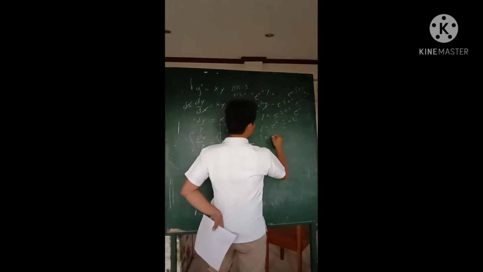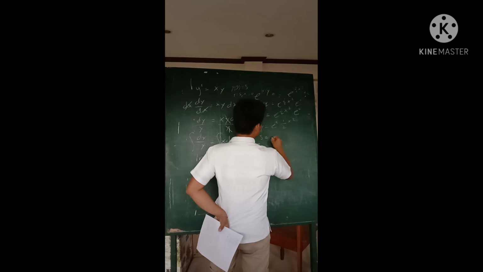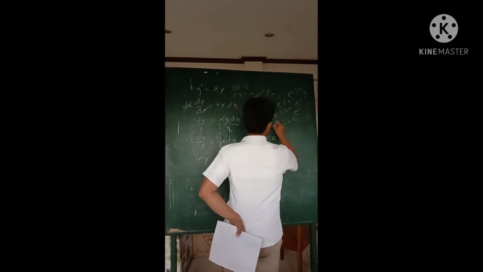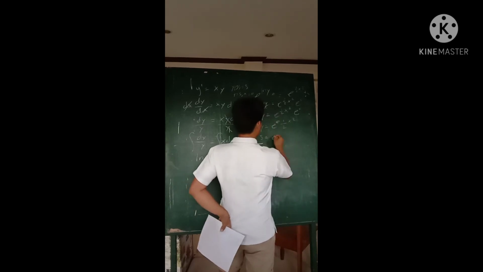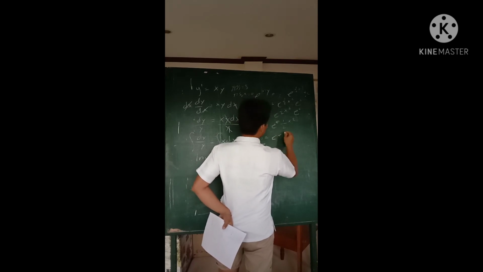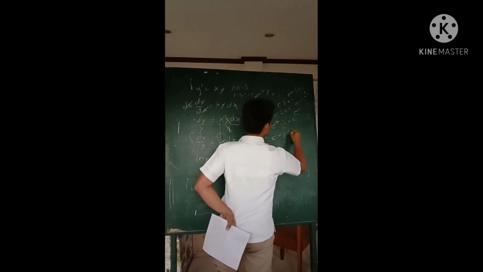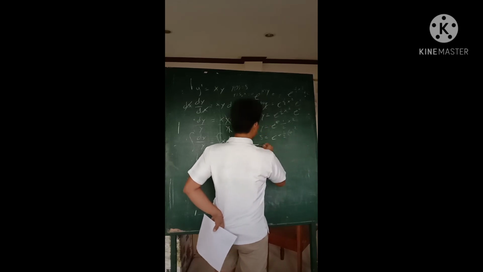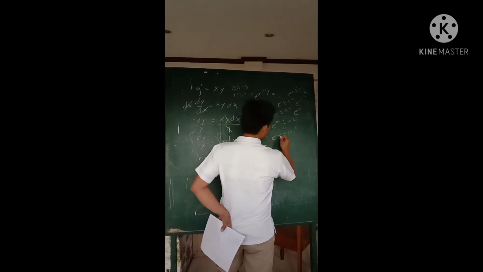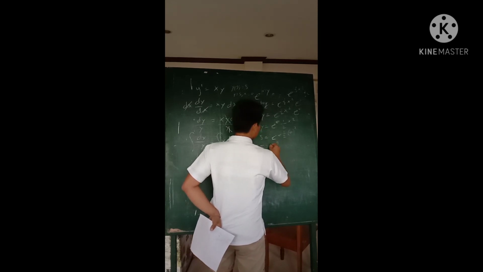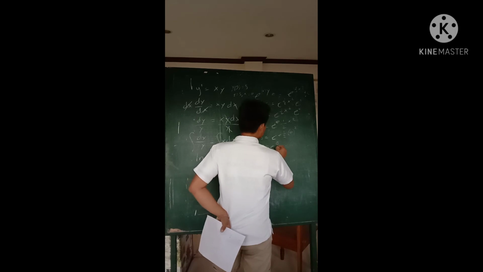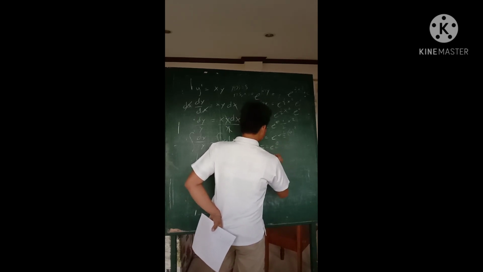So 5 equals c times e to the 1/2 times 0 squared. So 5 equals c plus 0, so c equals 5.